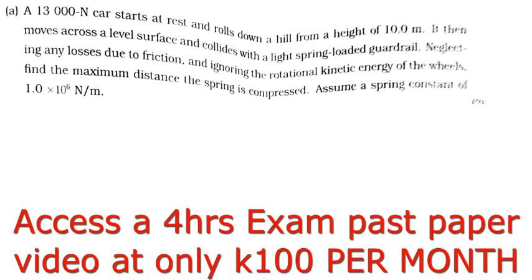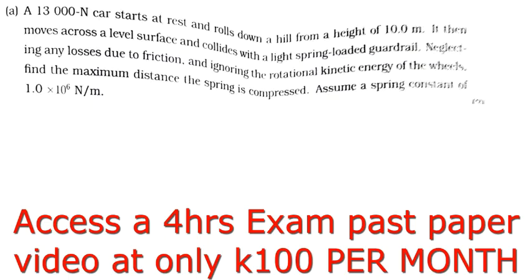Another question here, guys. This question came in 2023, question 1 actually, section B. A 1300 Newton car starts at rest and rolls down a hill from a height of 10 meters. It then moves across a level surface and collides with a light spring loaded guardrail.